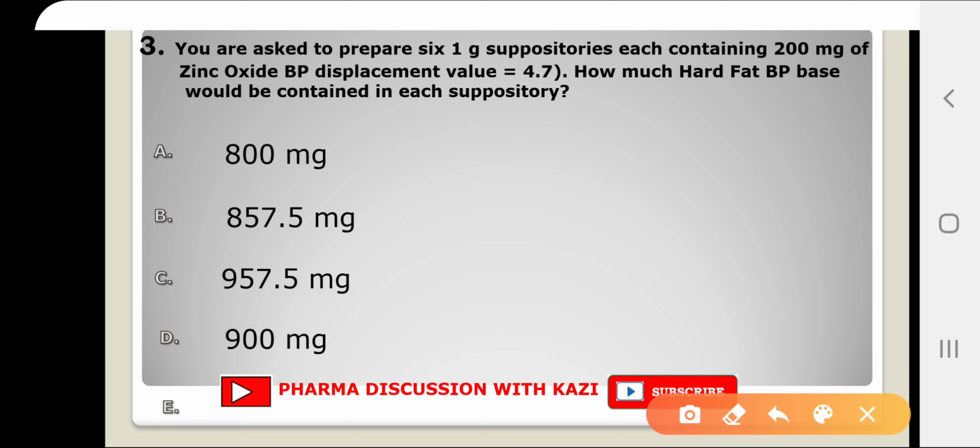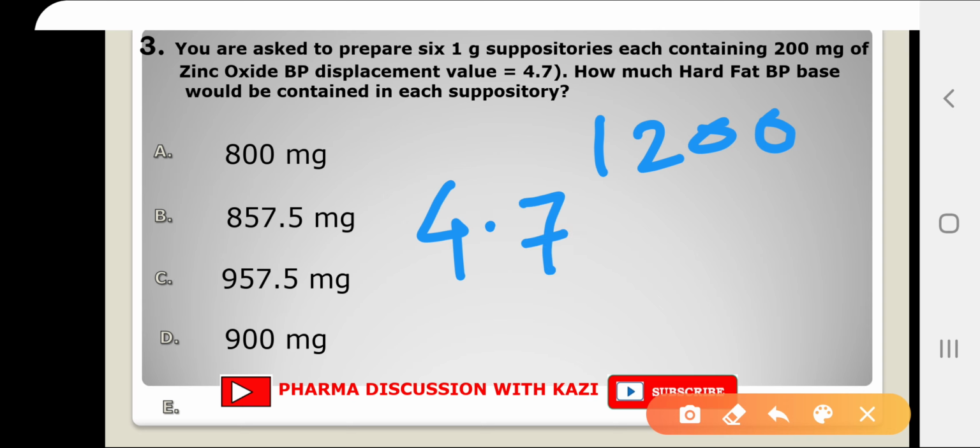In this question, the total amount of drug required for 6 suppositories is 6 into 200 milligrams, that is 1200 milligrams, and the displacement value is 4.7. We know that displacement value equals the amount of drug divided by the base displaced.